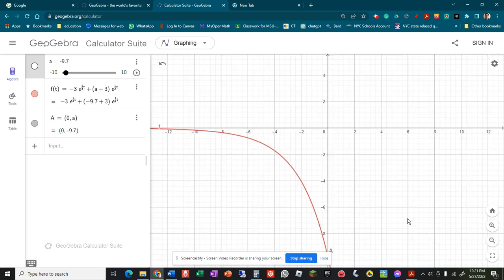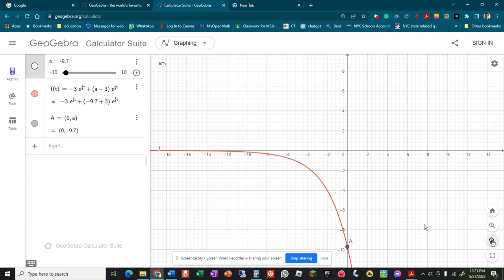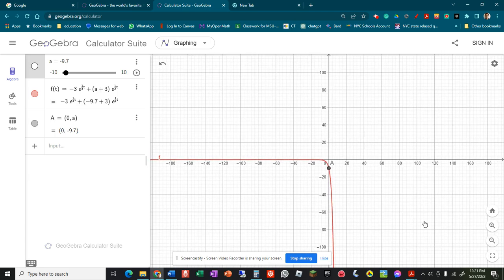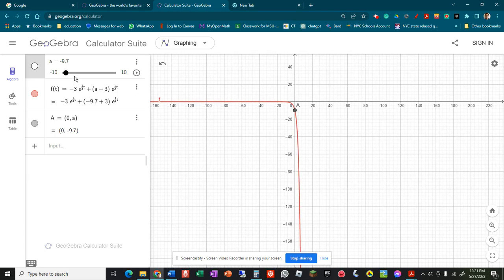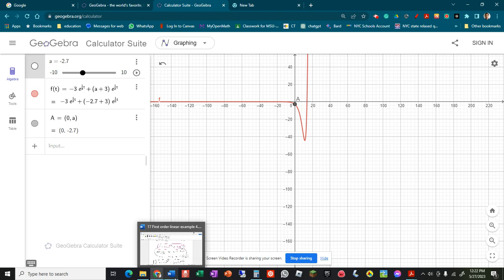Let me zoom out so we can see the whole holistic view. If I increase at some point, oh, look at that. That's the change of behavior. It goes from up to down and down to up. So where did that happen?